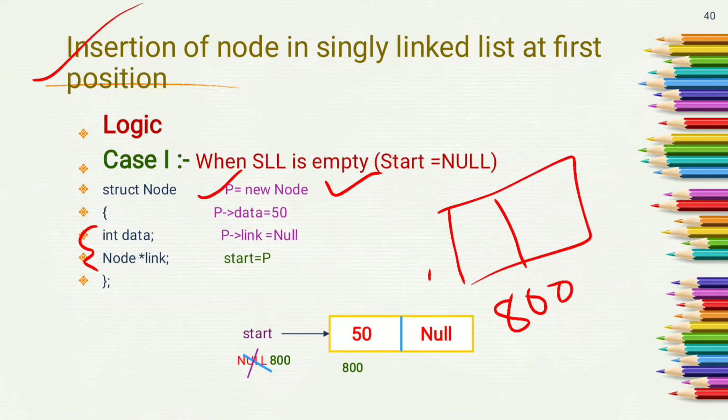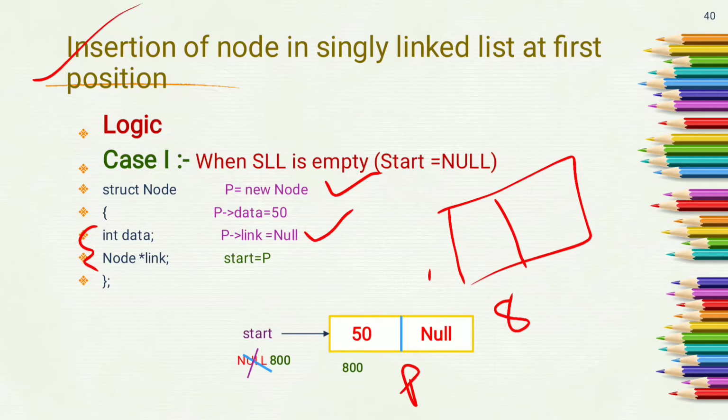And if you want to store data in p, then you have to write p arrow data equals 50. Then 50 will be stored in the data part of the node. And as there is no other node in the singly linked list, we have to store null in the link part of the p node.